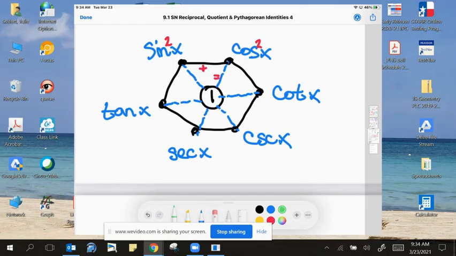So that pattern makes the number 7. It's a little easier to see if you make that 7 big. So if we have this 7 in this little piece, that sine squared x plus cosine squared x is equal to the 1.